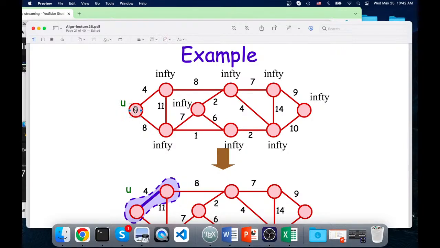Now, because U is the source node, we can include the neighbors of U by looking at the edges connected to U. After seeing the edges, we know that we can include this node into the spanning tree with distance 4, and this one with distance 8.